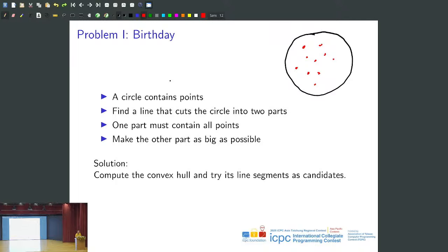So you can compute the convex hull, and it has only a linear number of segments, and then you just put your cut somewhere here and compute where the area is best.